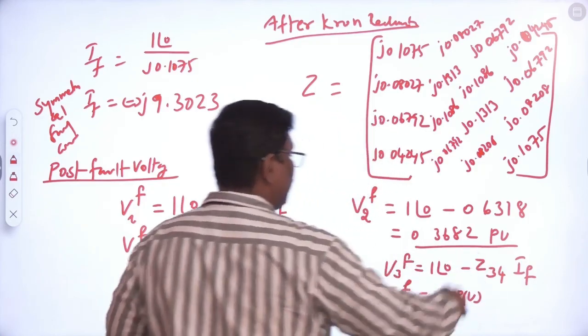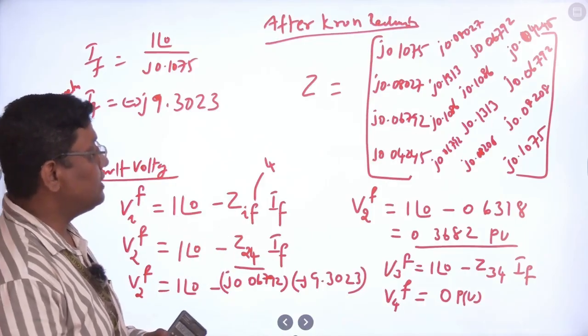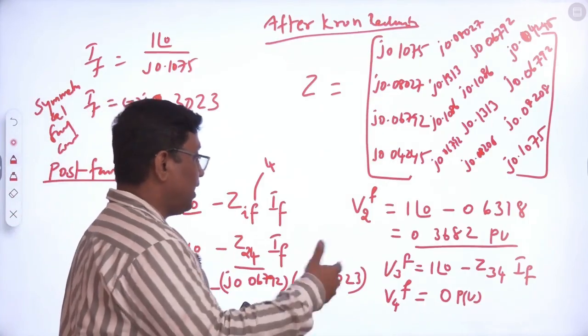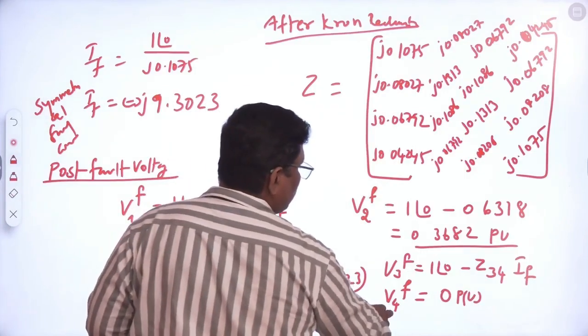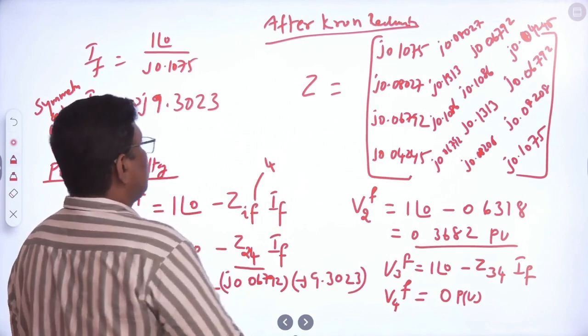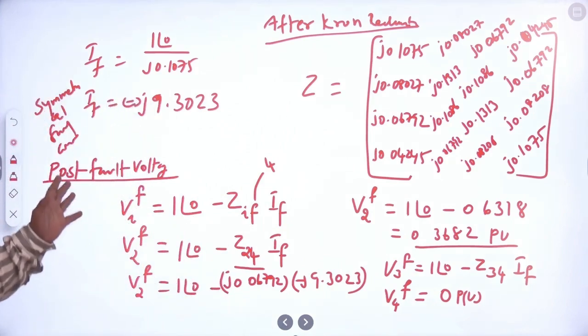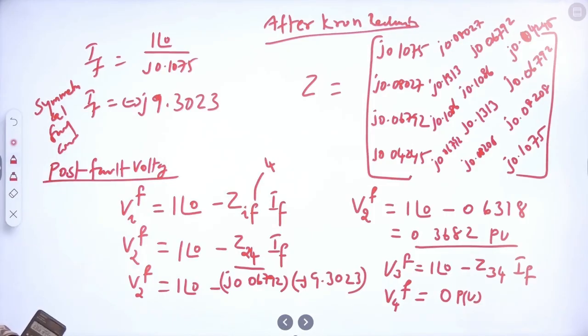Why? Because the fault occurs in the fourth bus only. So 1∠0° minus Z44 I_F is again 0, so the post fault voltage at bus number 4 is 0 per unit. So this is the procedure for finding the post fault voltage and symmetrical fault current.